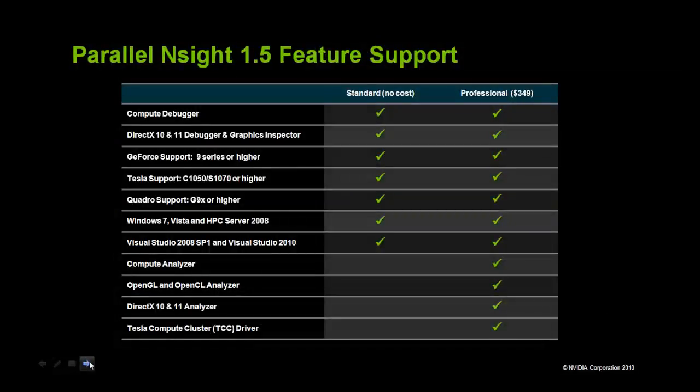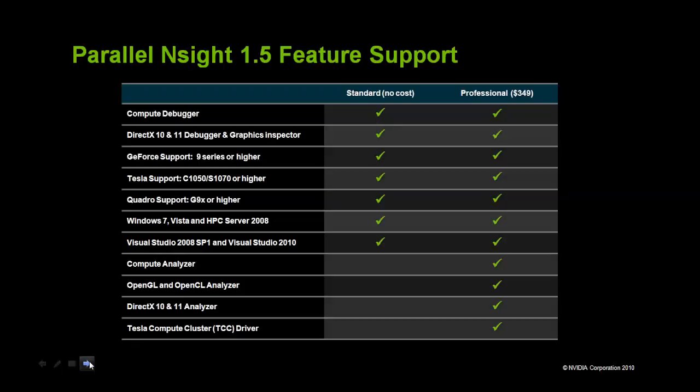So finally, I want to talk just specifically about the ParallelNsight 1.5 features. So there are two editions of ParallelNsight. One is the standard edition that's available at no cost, and it supports CUDA C and C++ debugging, direct compute debugging. It supports our graphics debugging and graphics inspector functionality.